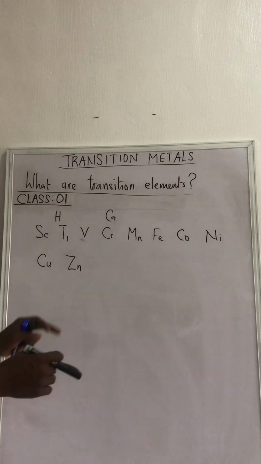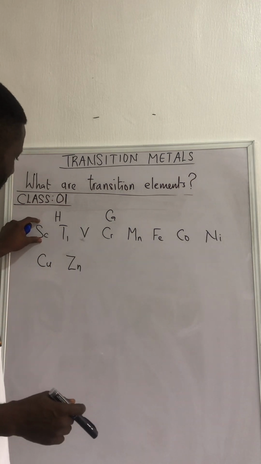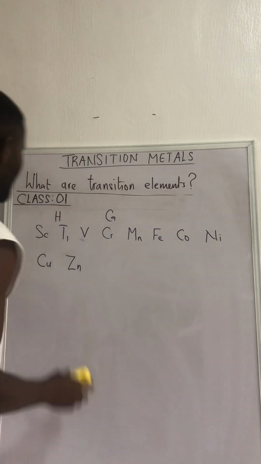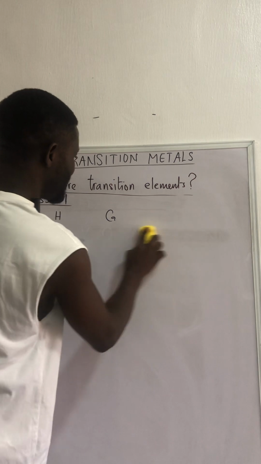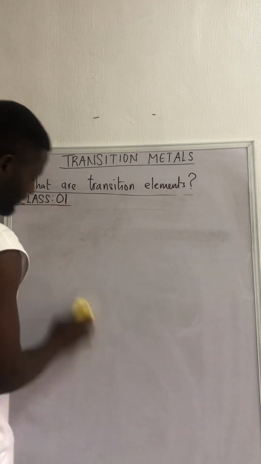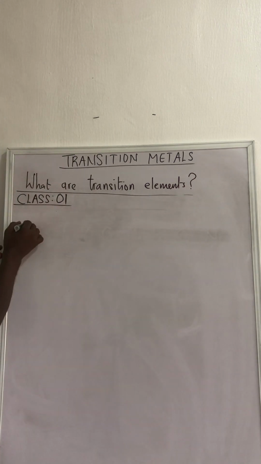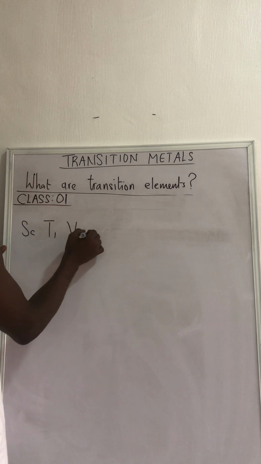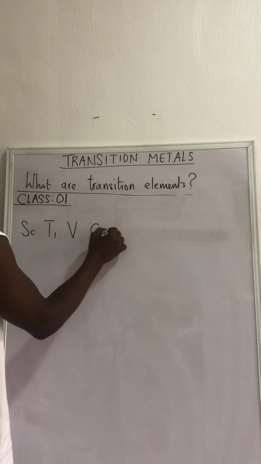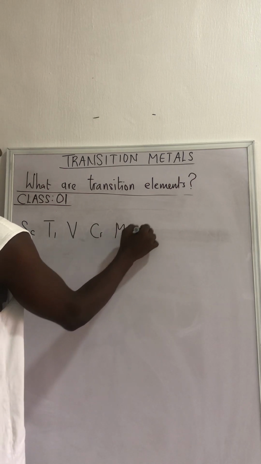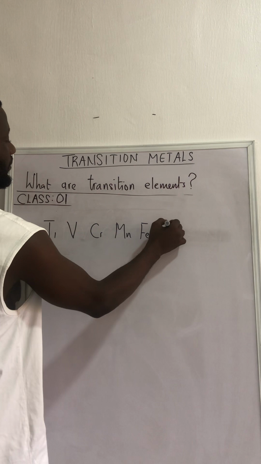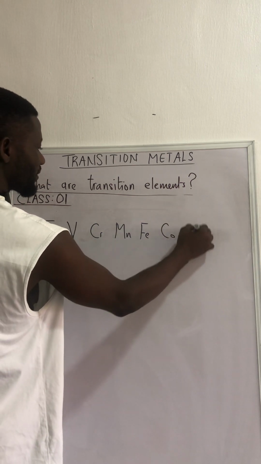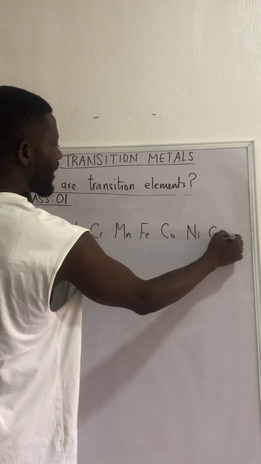Good. When you look at this, let me write them correctly in a row. One, we have scandium, titanium, vanadium, chromium, manganese, iron, cobalt, nickel, copper, zinc.